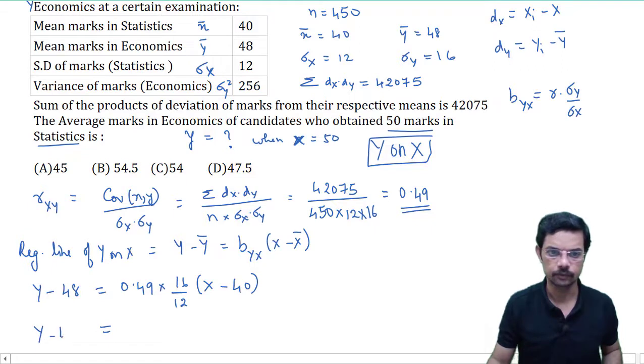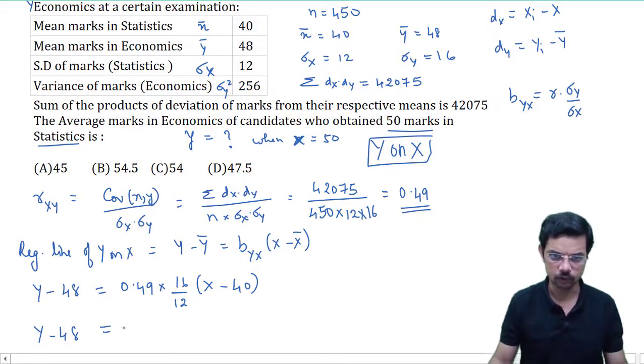So this is y minus 48, and this can be further simplified, and it can be simplified as approximately 0.65. Okay, it can be taken as approximately 0.65 into x minus 40.